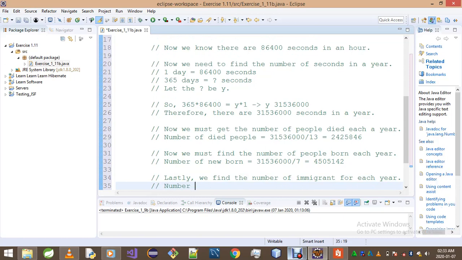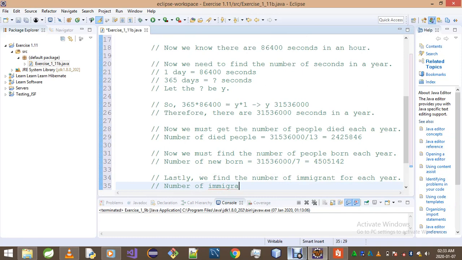Again, remember I told you guys you can decide not to put comments and display all these steps, but in my case I decided to put them in the comments instead of printing them out.